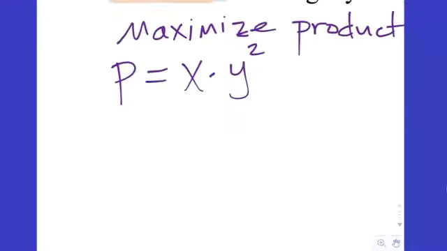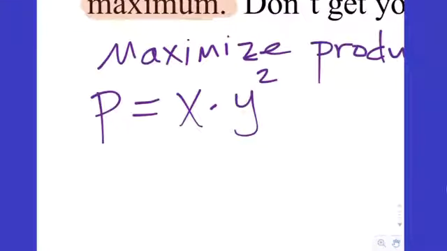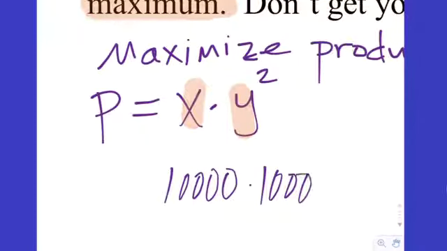Now, what's wrong with that? Yeah, it's in terms of two variables. We can't work with it right now because we don't know multivariable calculus. We have to make P either a function of X or a function of Y. And of course, we need to involve the constraint, because otherwise, someone might just say, let X be like 100 million thousand and let Y equal like 100 million thousand times 2 squared.